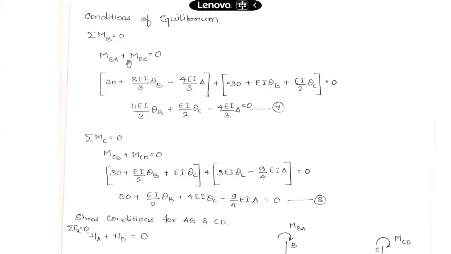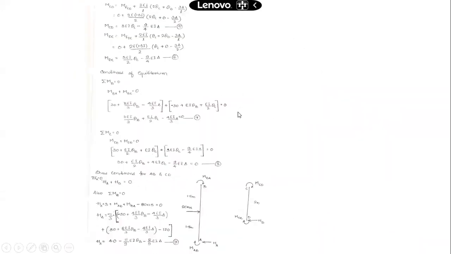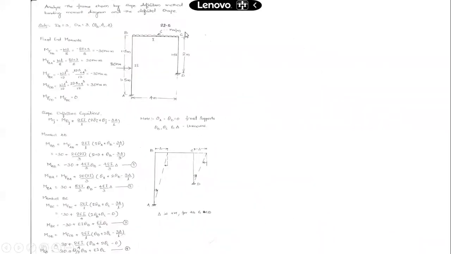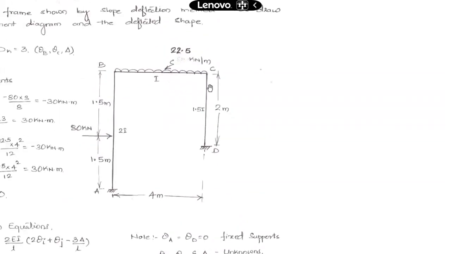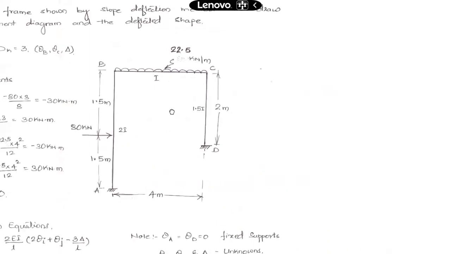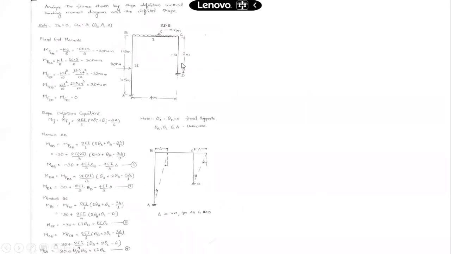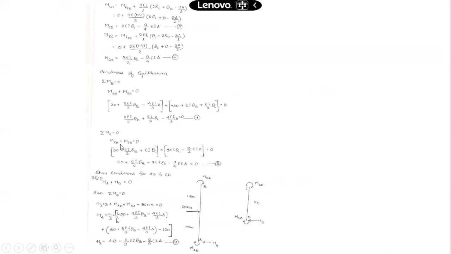The first condition of equilibrium, summation of moment equal to 0 about joint B, gives this equation 7. Now we again apply the condition of equilibrium at joint C. Here, the moment MCB plus the moment MCD at joint C, when added, should result in 0. That is the second condition of equilibrium, same as we did at B.